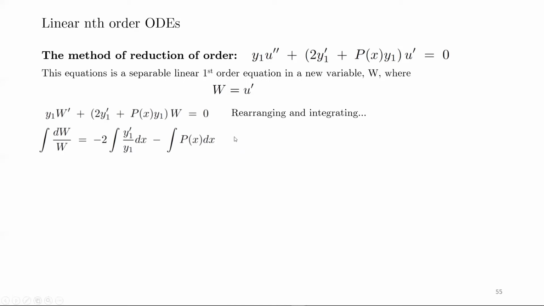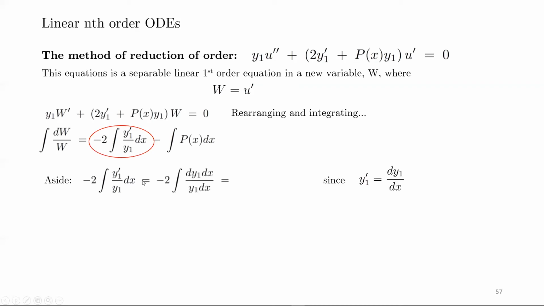Okay, so I've got to evaluate some integrals here. So this integral in the middle here, the first integral on the right hand side, this actually we can write in a new way. So this integral here, negative 2 times y1 prime over y1 dx, we can actually write that in a slightly different way, because if you think about it, y1 prime is equal to dy1 over dx.